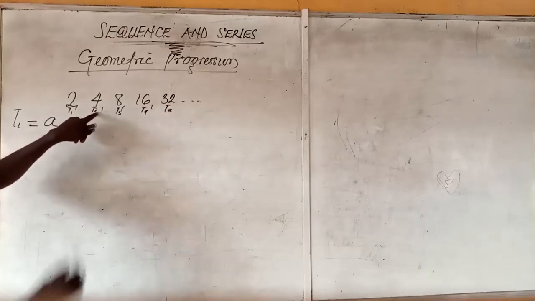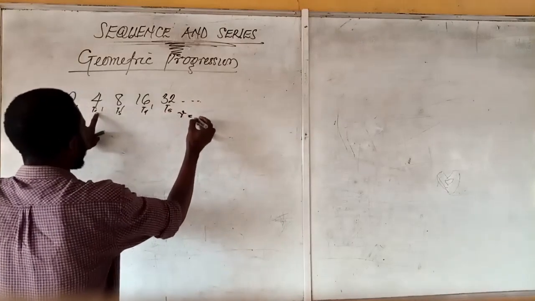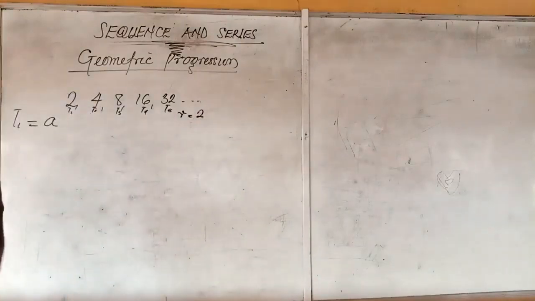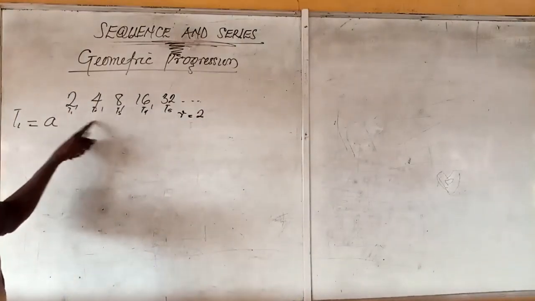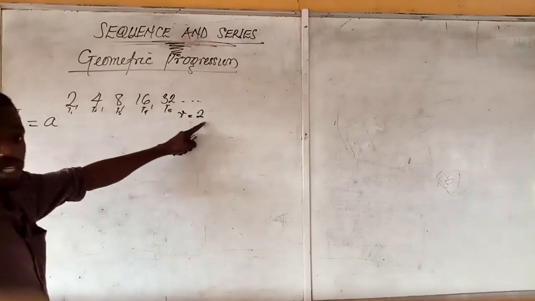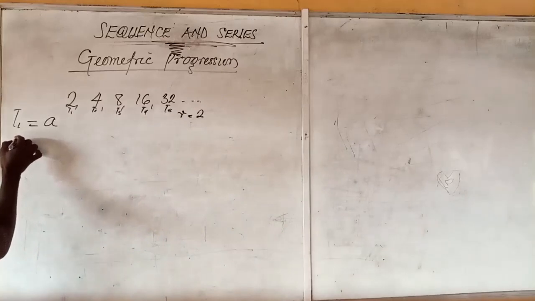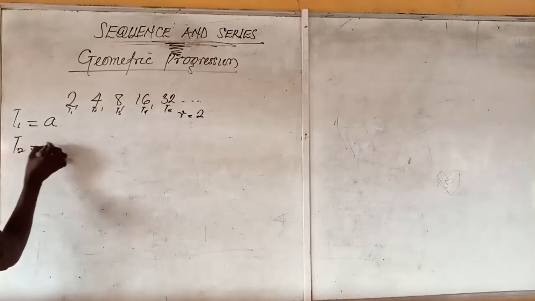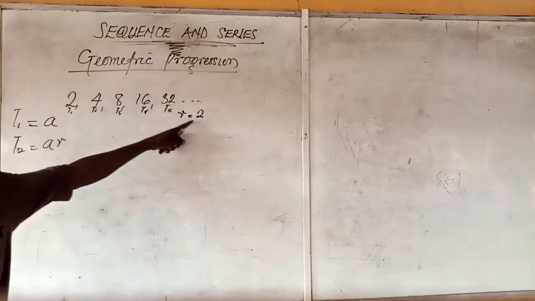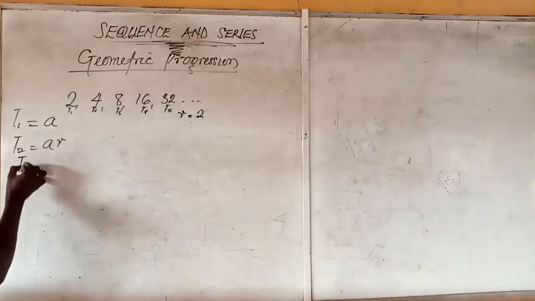I am going to remember from what we did last, we have gotten our common ratio to be 2, isn't it? So how do we get the next term? We simply multiply our first term, 2, by the common ratio 2. So what do we have? T2 will be equal to A times the common ratio, the first term times the common ratio. How do we get T3?